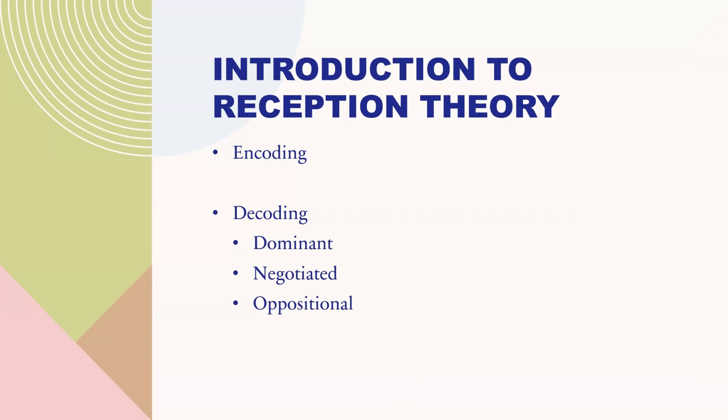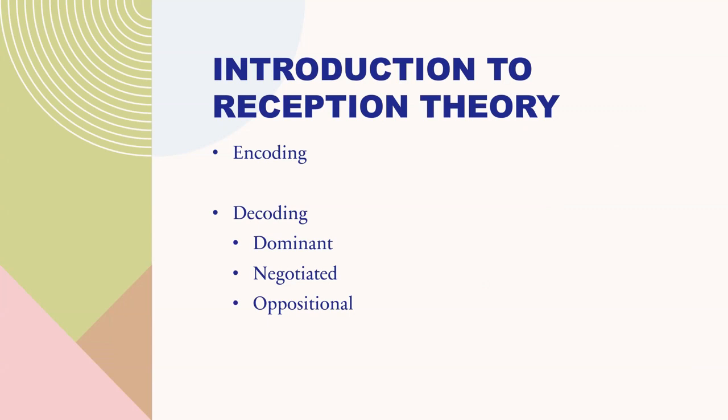And then you get into the decoding portion of reception theory. This is when the receiver of that media takes it and sees what they think about it, based off all of their life factors. There's the dominant reading, when the reader actually picks up on what the author is trying to portray.